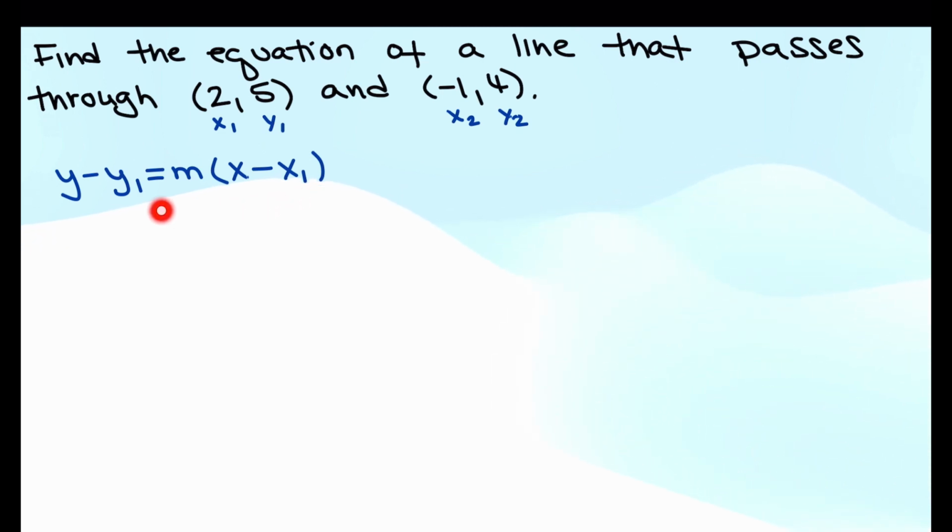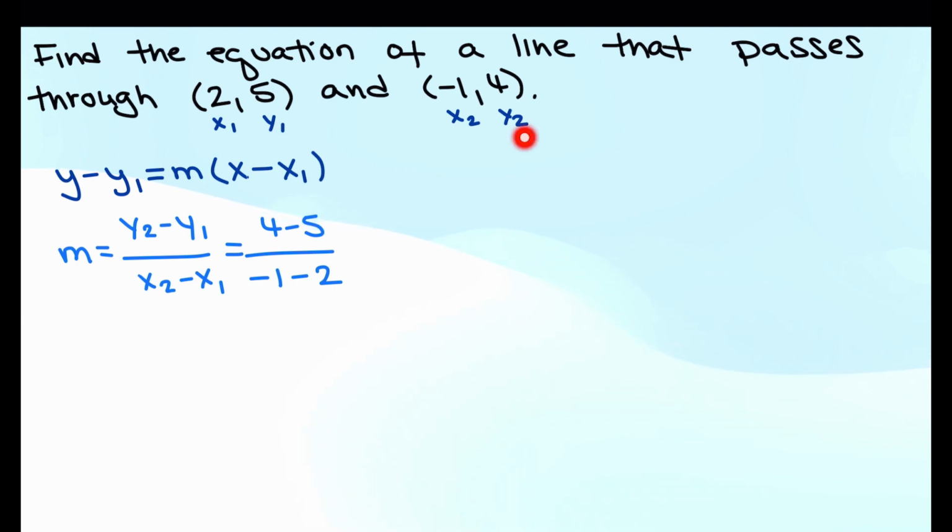So we definitely know an x1, y1, but they didn't give us the slope. And so we're going to actually have to compute the slope. I'm going to say the first point they gave me is my x1, y1, and the second point is my x2, y2. My slope formula says we take change in y divided by change in x.